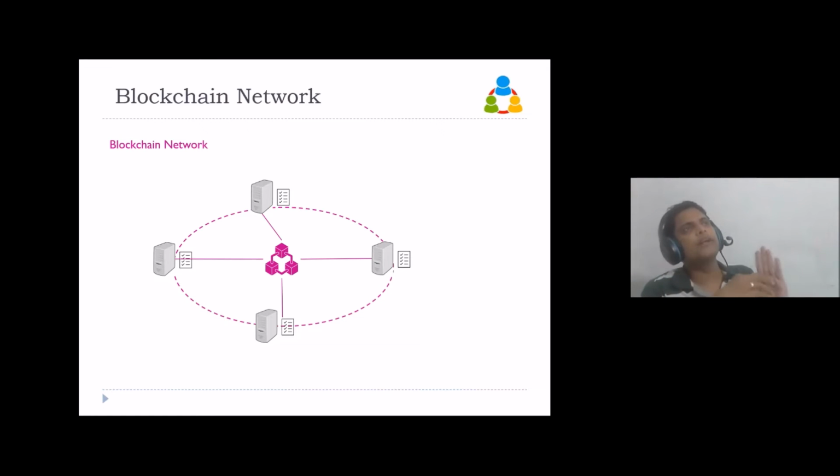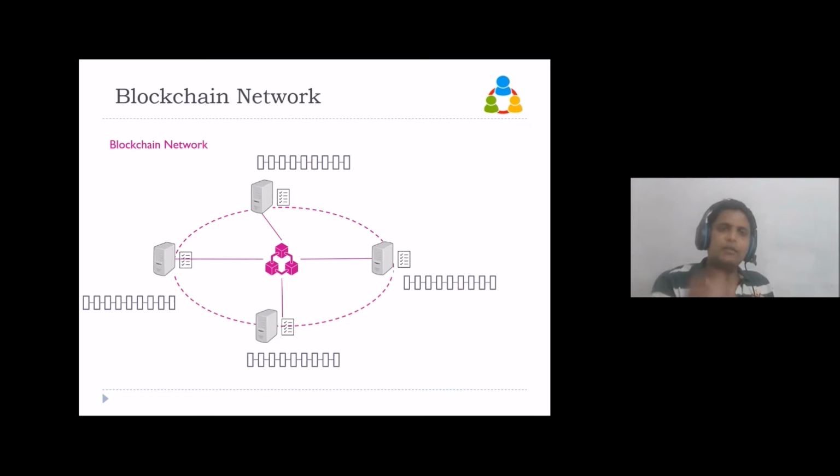So the moment you write some data, that information will be written onto the ledger, and the ledger information will be replicated, or broadcasted, to all the computers in the blockchain network. This is how the ledger looks: it consists of a chain of blocks.